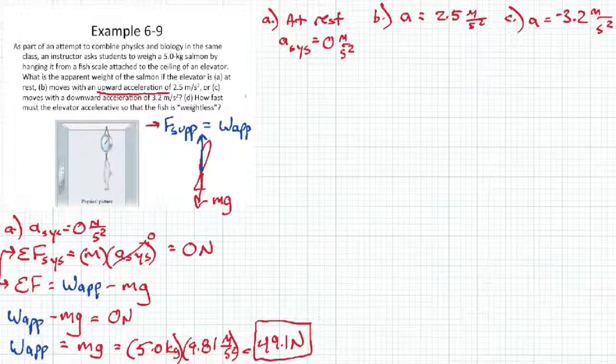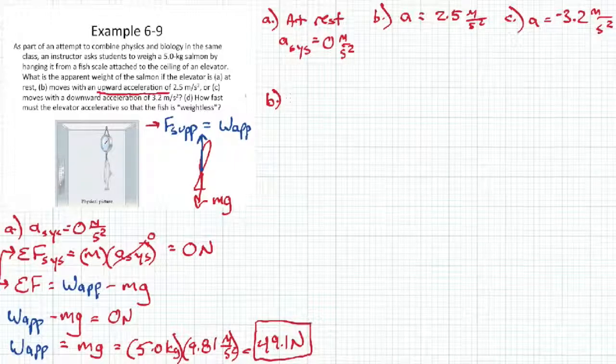Which, by the way, is the weight of the fish at rest, which makes sense because the system is at rest in part A. All right, so there's no difference between your weight force and the apparent weight in part A because the system is at rest. What's different is when we start having accelerations come into play here.